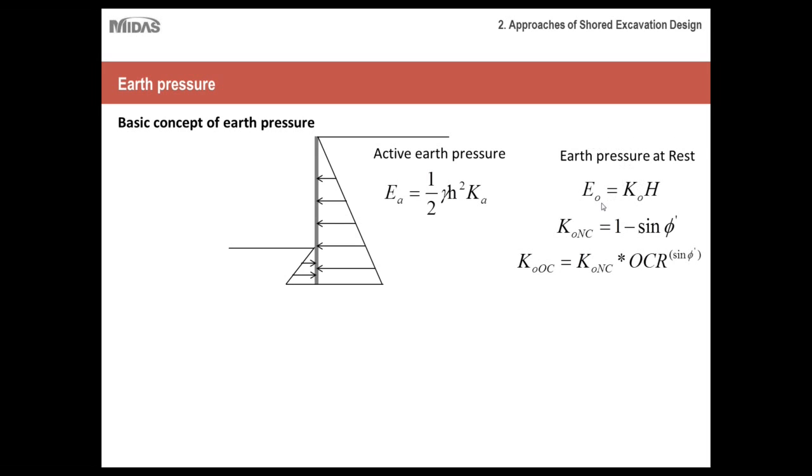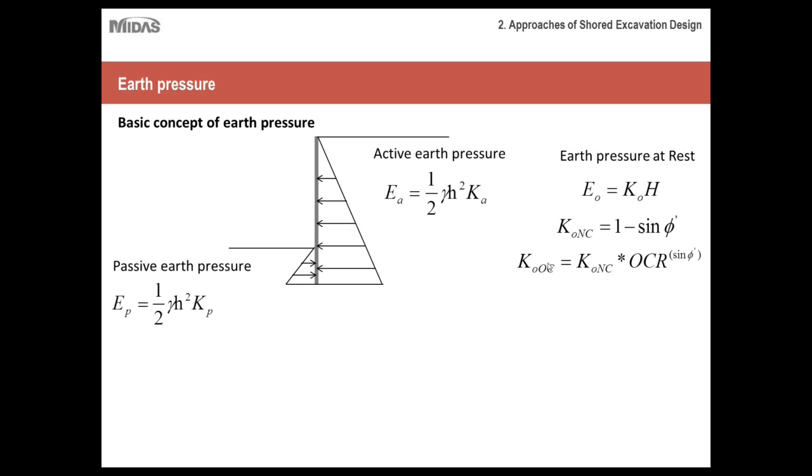So basically, this earth pressure is K naught times the height times the density, and the K naught is a coefficient which is computed based on the internal angle of friction, and you can see the formulation for non-consolidated soil strata and for consolidated or over-consolidated soil strata.